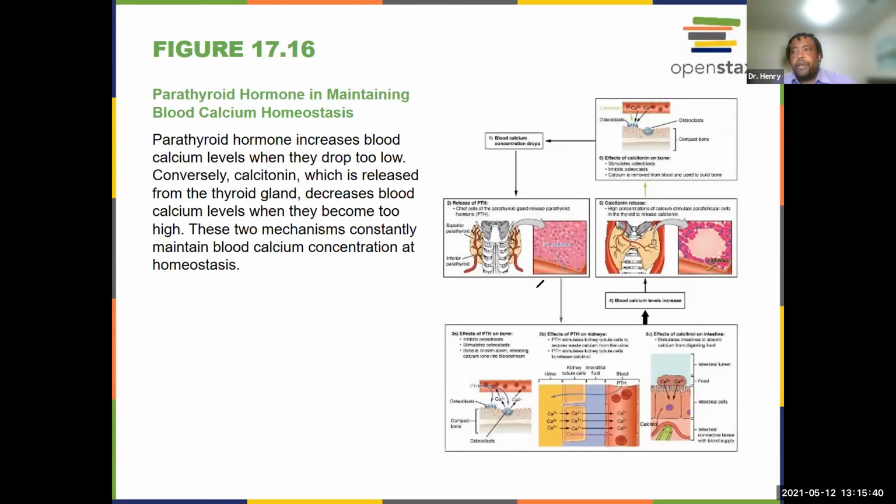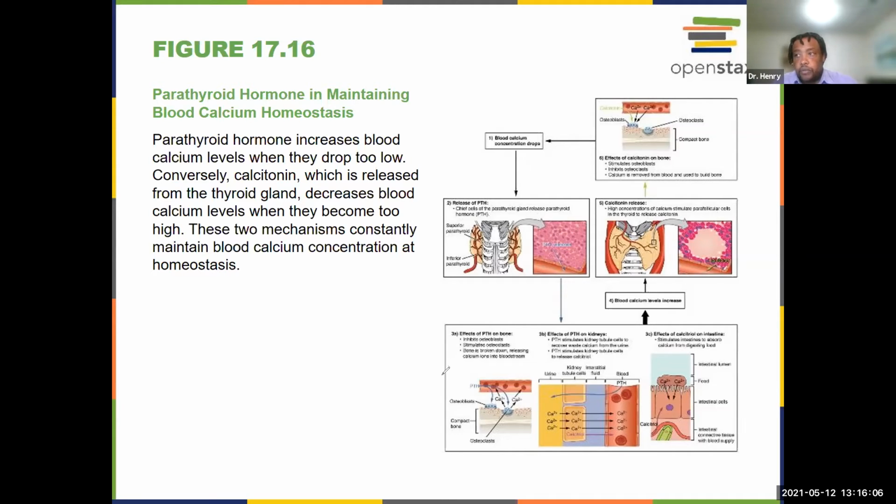Parathyroid hormone causes osteoblasts to be inhibited. We know that osteoblasts are responsible for the deposit of calcium in the bones. It causes the stimulation of osteoclasts. Osteoclasts are cells that break down calcium in our bones.